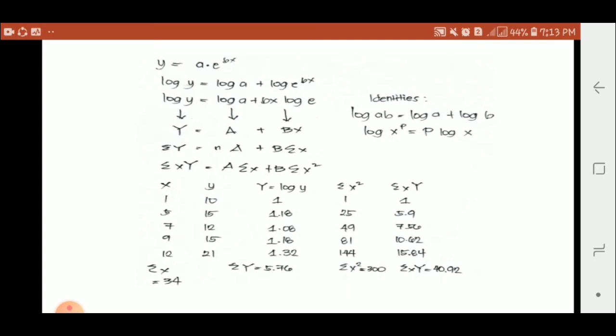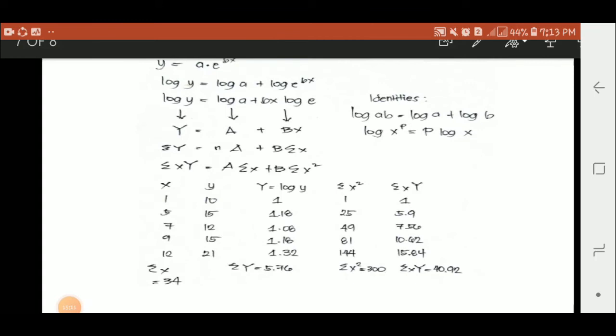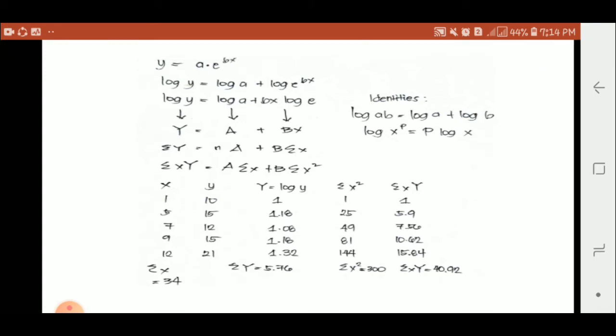That's why the bx becomes the coefficient of log e. So in this case, log y is the big letter Y, log A represents the big letter A, and the bx log e represents the bx. Same concept as the normal equations.